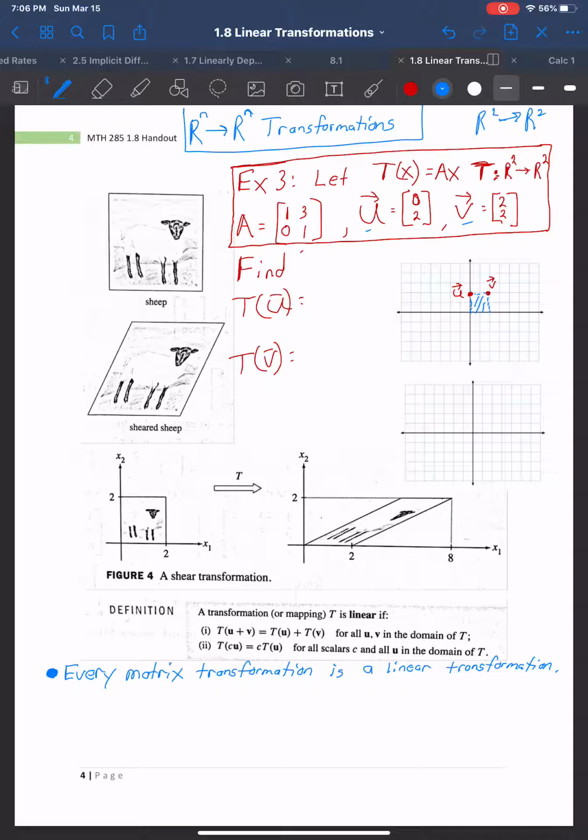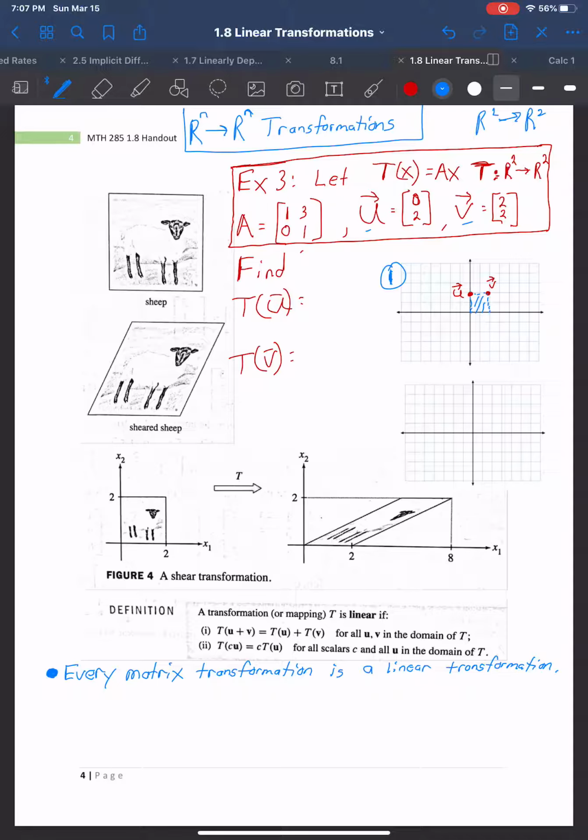So in this first graph, let's say this is figure 1, I took the liberty of graphing vector u and vector v. Now, this is the original, right? No transformations yet. Our job right now is to find T of u, T of v.